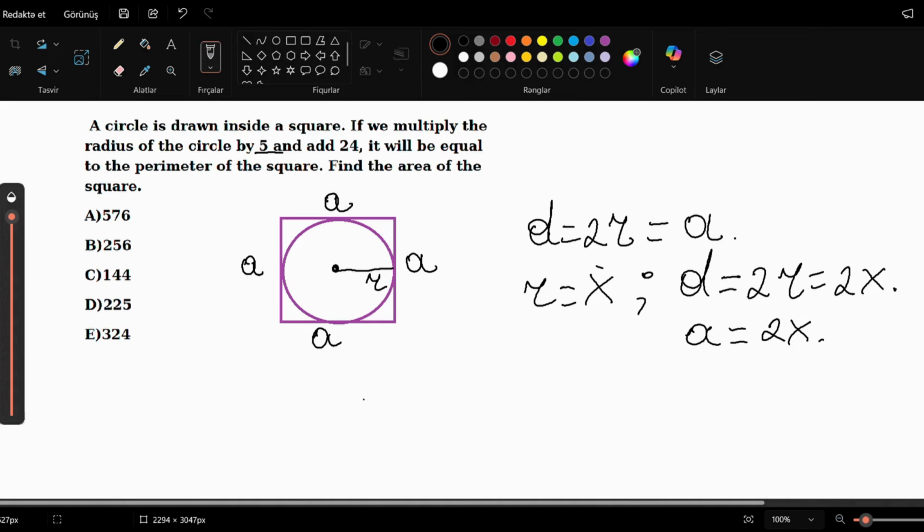Radius equal x and 5 times x. Add 24 equal perimeter.